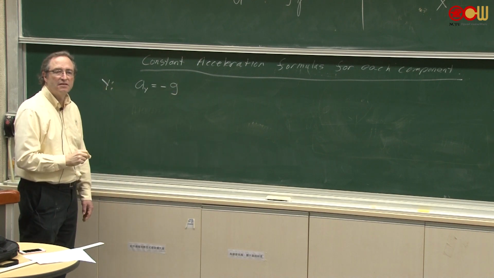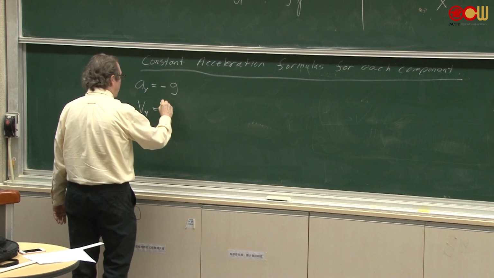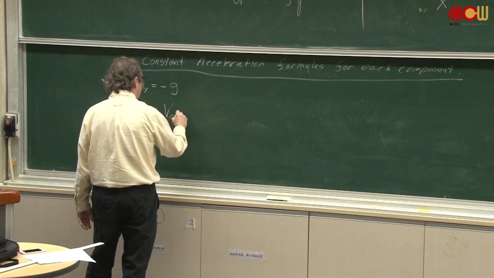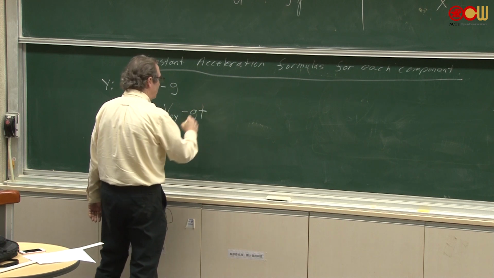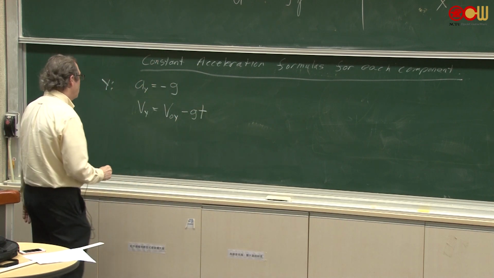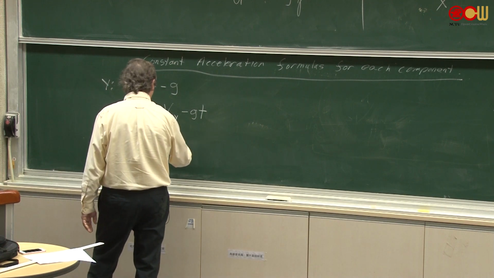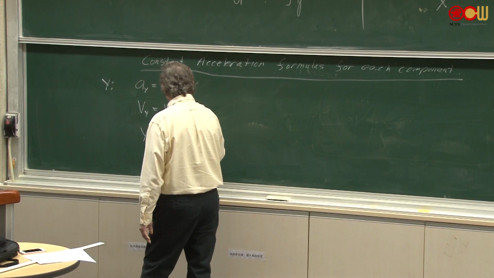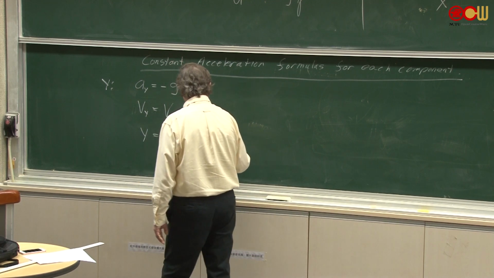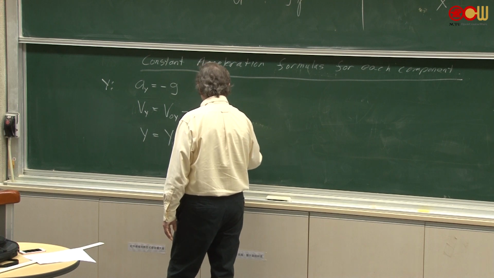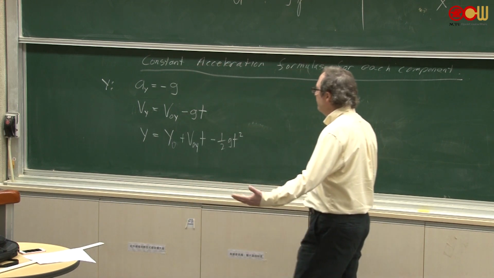And it's a constant. We have v sub y equals the initial velocity in the y direction, v0y, minus gt. And y itself is the initial position y0 plus v0y t minus 1/2 g t squared. So we're all done.